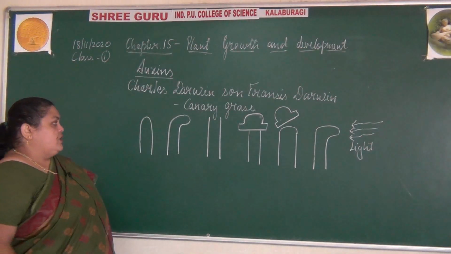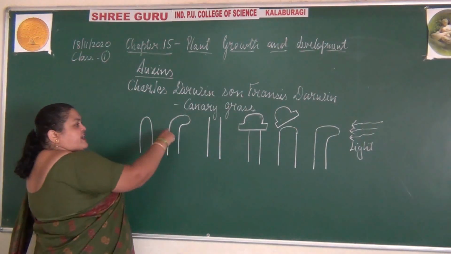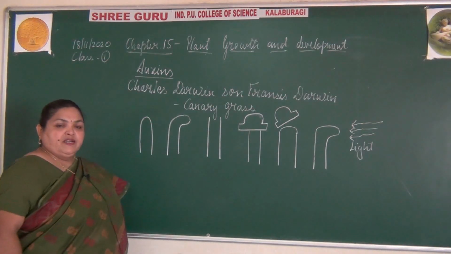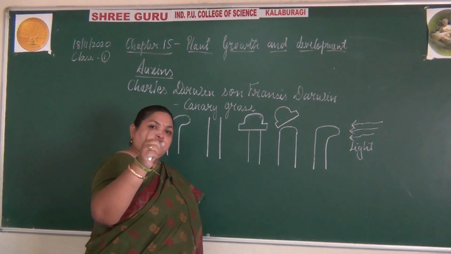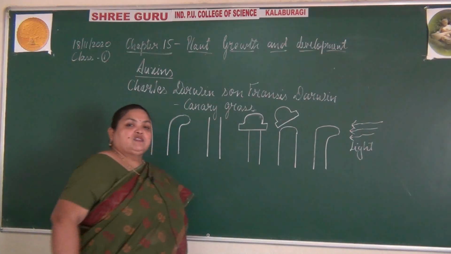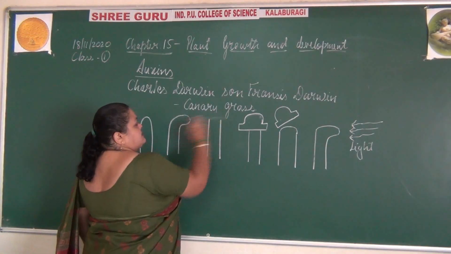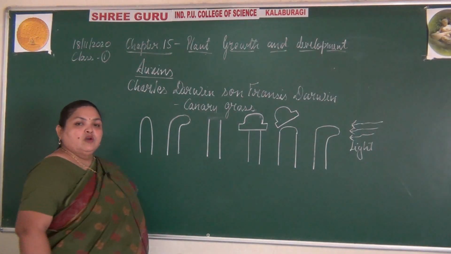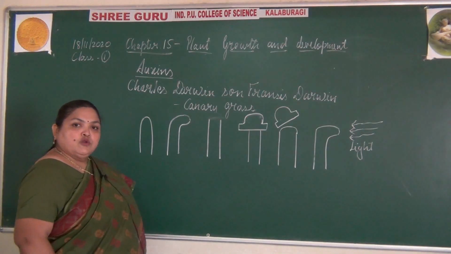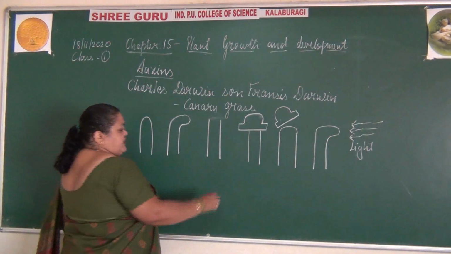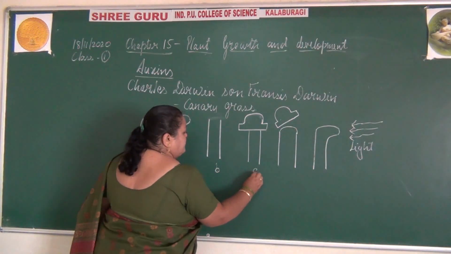When it was exposed to a source of light, it responded and showed a bending movement, a curvature, slightly bending towards the source of light. But when the coleoptile was cut, it did not respond towards the source of light.